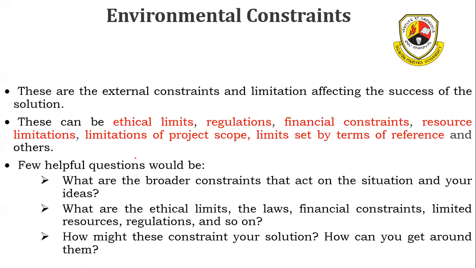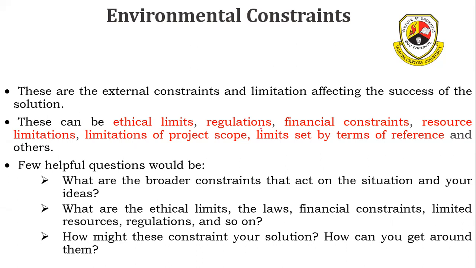Then we come to the final part of CATWOE, which is the E part, the environmental constraints. And this is where government comes in, becomes part and parcel. So when we're looking at the environment, we're looking at the environment in which it's going to operate. The first thing is, what are the ethical limitations? You may want to think about some ethical limitations. What are the regulations?